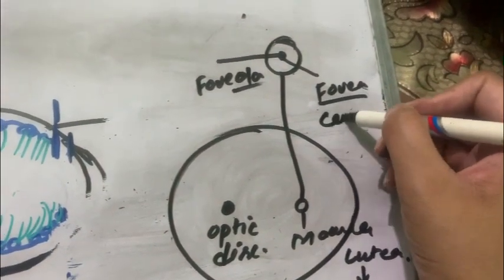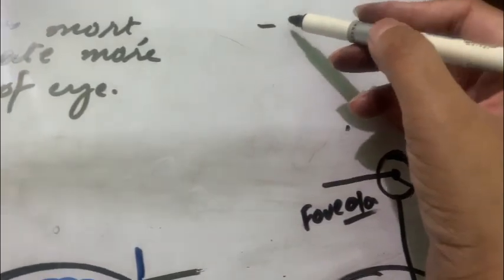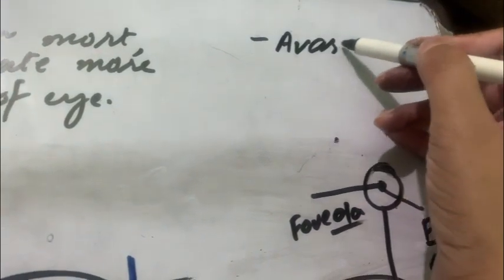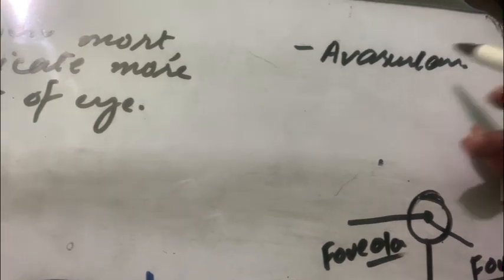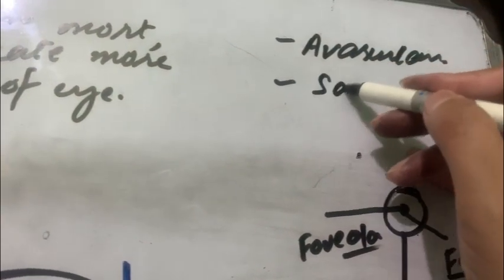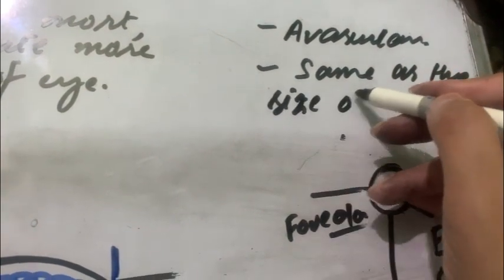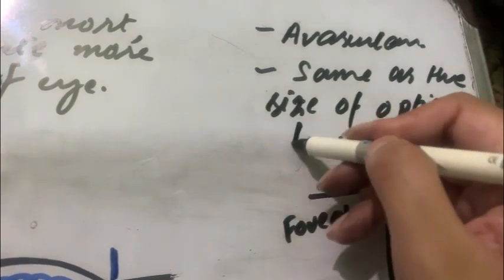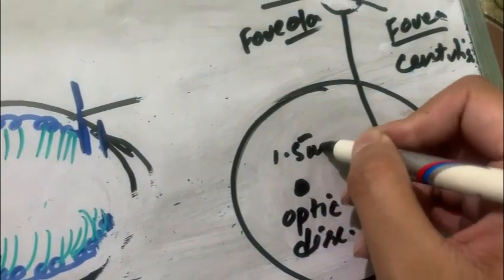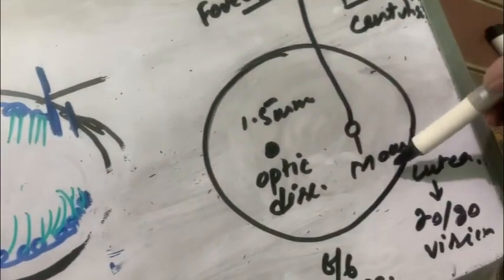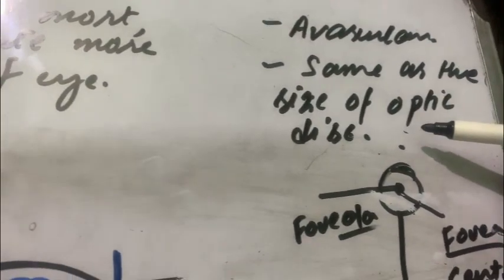Talking about fovea centralis, this is the area which is basically avascular, as no artery or vein pierces it, and it is the same size as the optic disc. What is the size of optic disc? 1.5 mm. So inside of the macula is fovea, that is the same size as the optic disc.